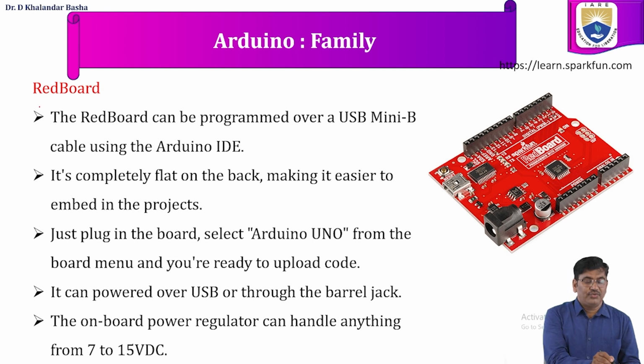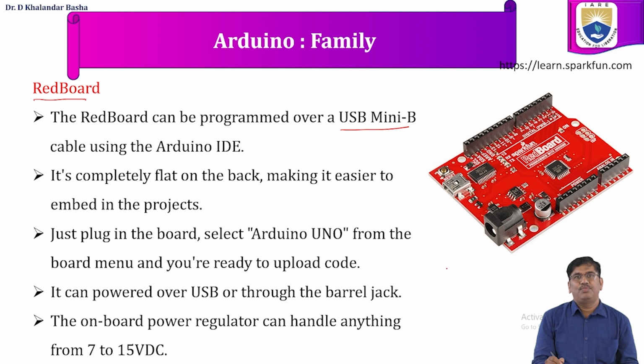The next Arduino in the family is the RedBoard. The RedBoard can be programmed over a USB mini-B cable using the Arduino Uno IDE. It is completely flat on the back, making it easier to embed in projects.